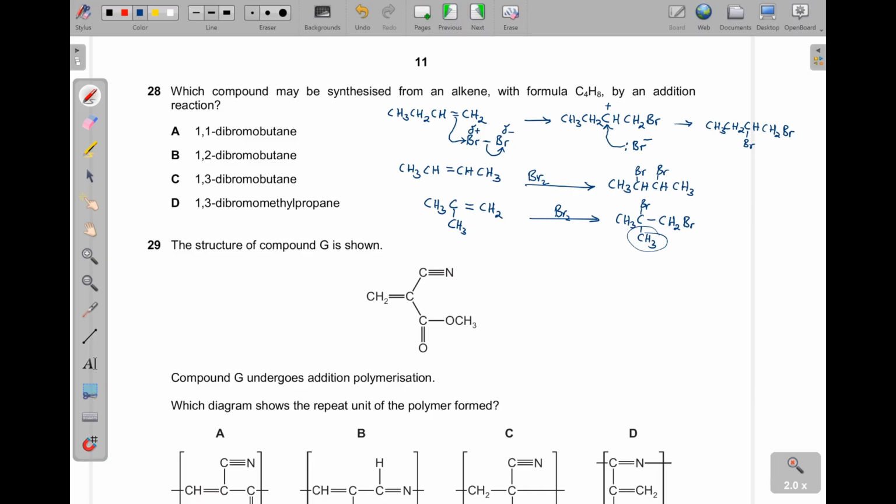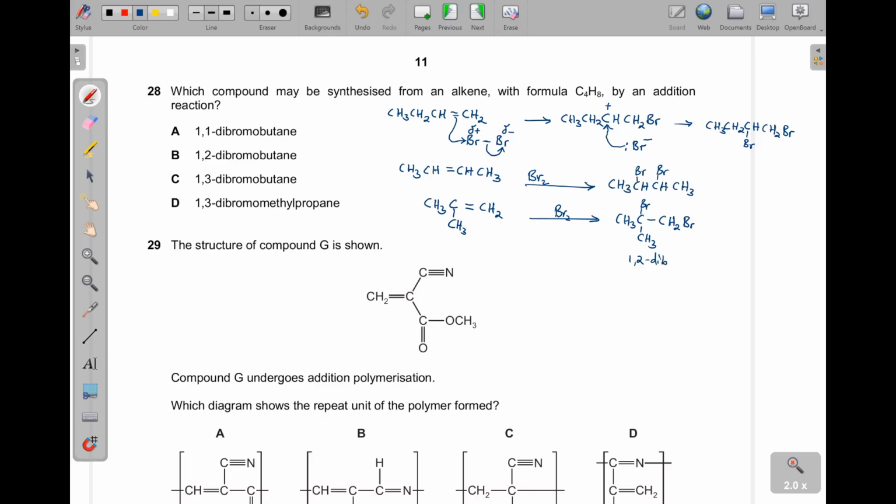You cannot shift this one and put it here. Now the longest carbon chain is going to be with the 4, so it will become a butane. Now what I'm going to have here is, this is on the first one, then on the second one, so that will be 1,2.